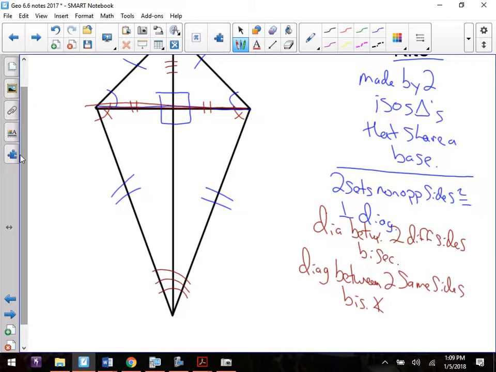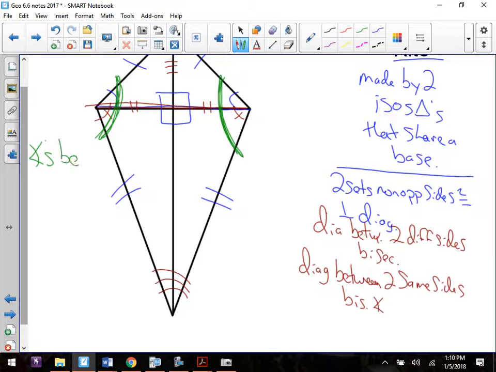The diagonal between the two different sides is bisected. The diagonal between the two same sides bisects the angles. And then the last little bit here, the angles between the two different sides are congruent.